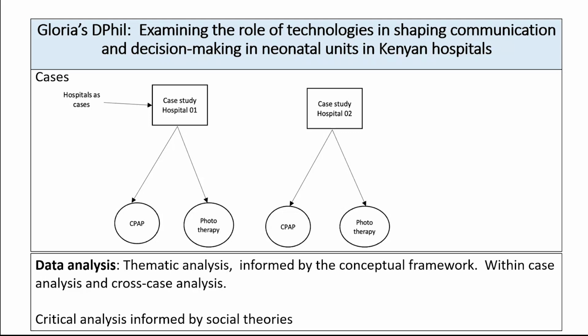And so I've chosen these 2 cases based on the geographical location of the hospital. So one is peri-urban, another one is a county hospital away from Nairobi. The newborn unit size, so one is small, another one is relatively large. And also how busy the hospitals are. So one is not very busy, another one is very busy.